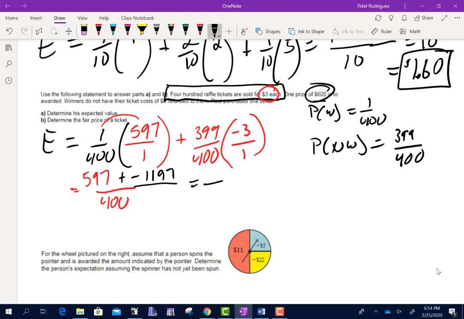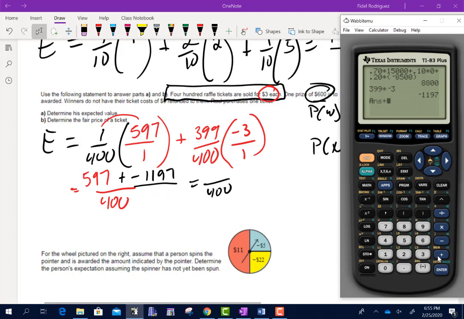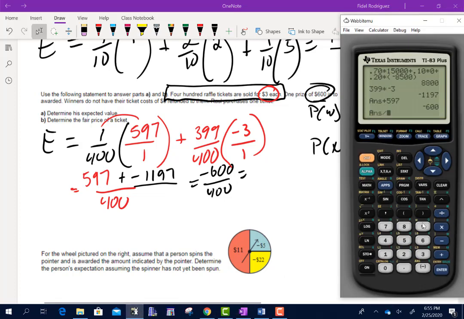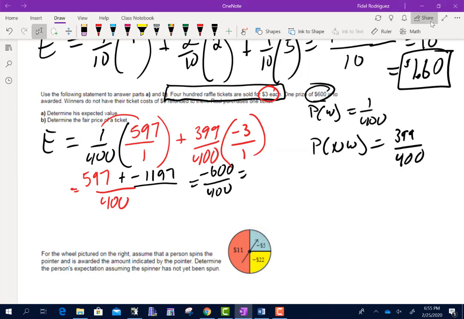So if we add that to the 597, that gives us a total of negative 600. Okay, so negative 600 over 400 is negative $1.50. So our expected value is to lose $1.50.